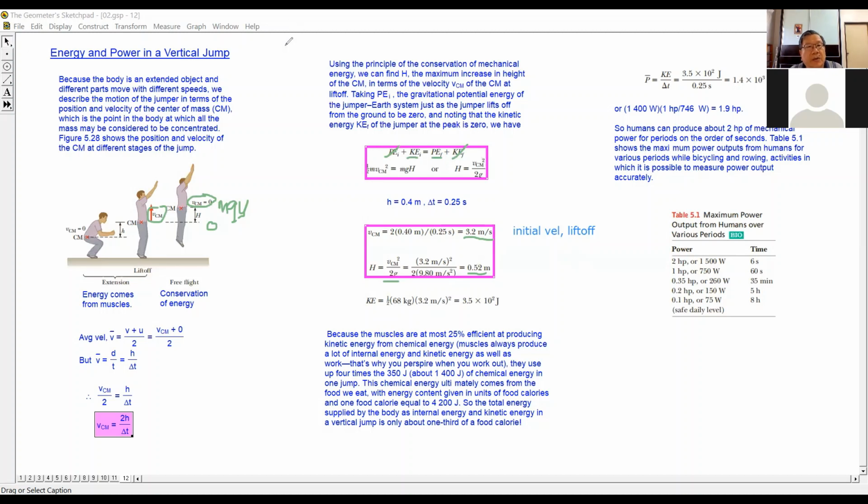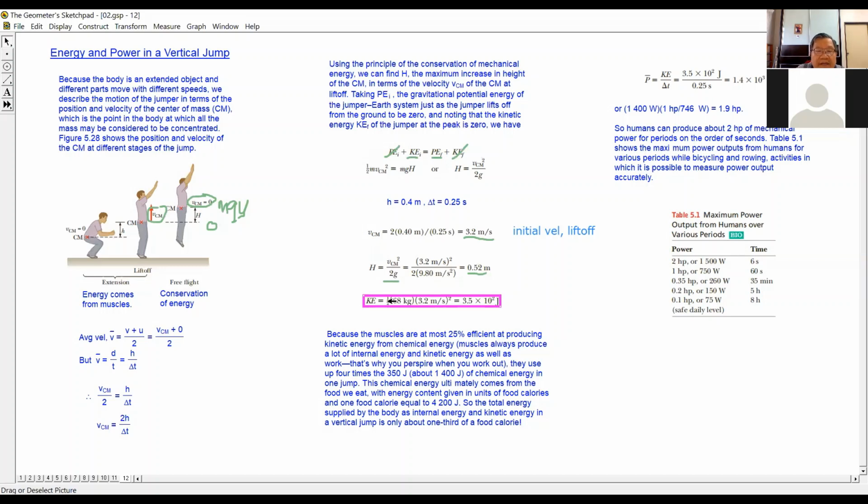Okay, so if this is the height and this is the velocity, how much energy is used up? We try to calculate the kinetic energy using the formula half mv squared. Half m. So he estimates this person to be 68 kilogram, and the velocity before the liftoff is 3.2 meter per second.